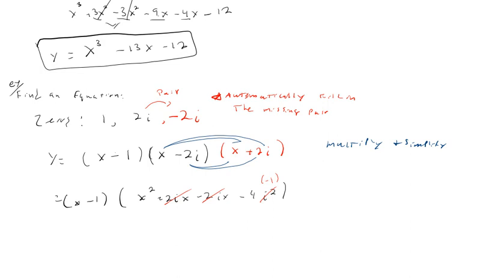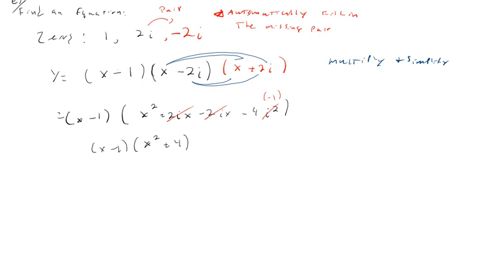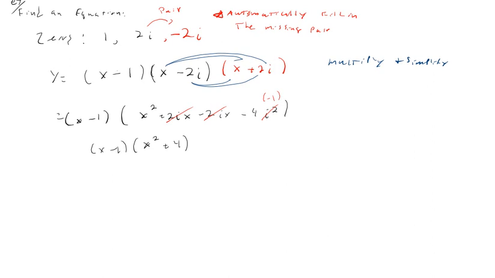And so now we multiply one more time, right? We're getting closer. We want to create our equation. We simplified the squared pieces into x squared plus 4, and we got this x minus 1. Now let's multiply these two together. X times x squared is x cubed.